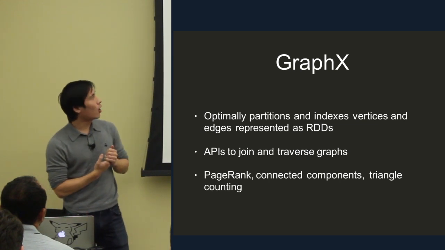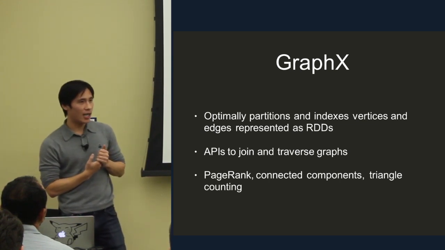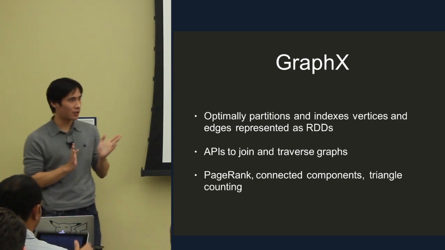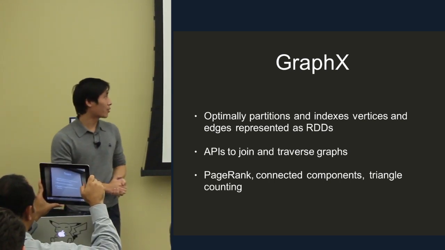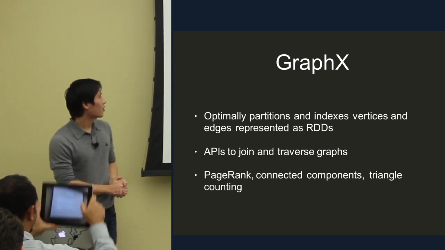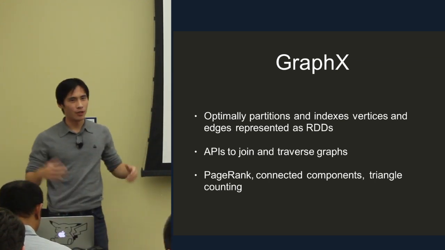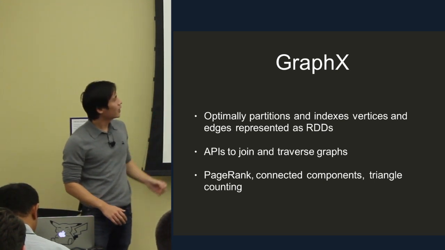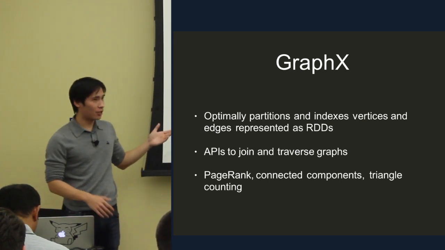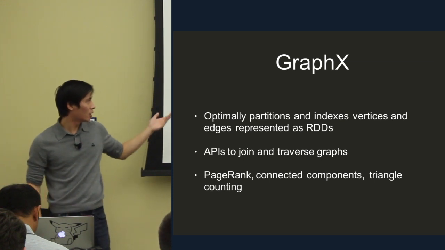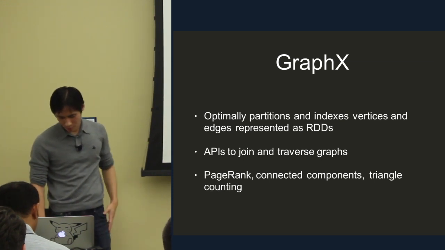And it'll optimally partition and index your graph so that you can do traversals and various algorithms quickly. It offers an API to combine, join graphs and traverse them. And it also has predefined functions that you can run on a graph: PageRank, connected components, triangle counting, so just pretty useful.